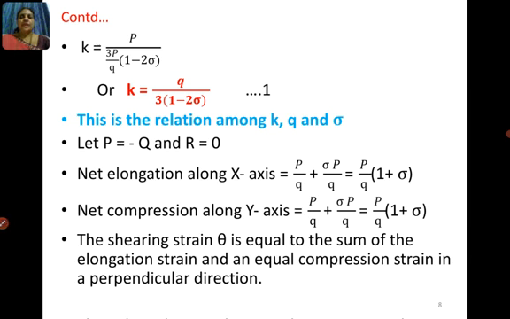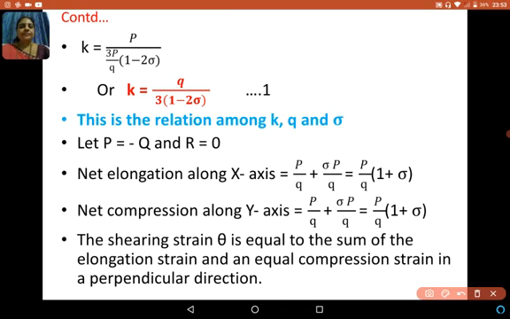Here, the net elongation along x-axis is equal to P by Q plus sigma P by Q. P by Q is common. We have 1 plus sigma remaining. The net compression along y-axis is equal to P by Q plus sigma P by Q, and it is equal to P by Q into 1 plus sigma.